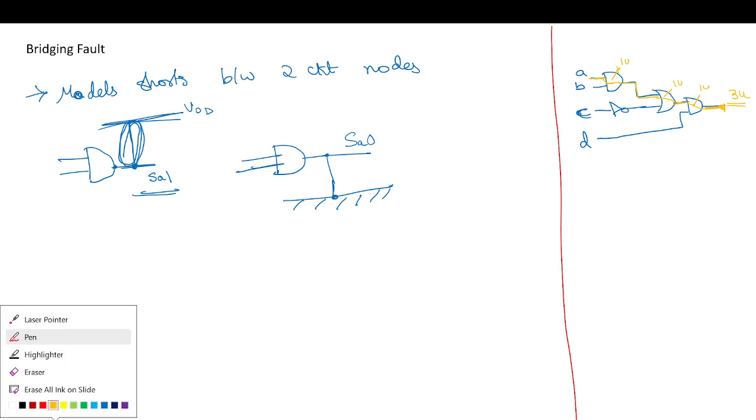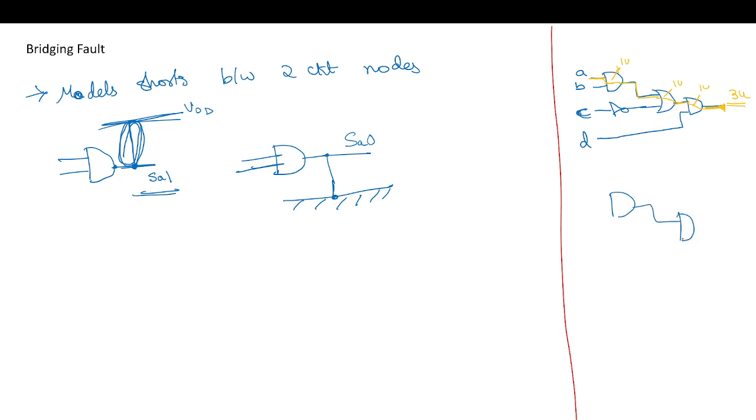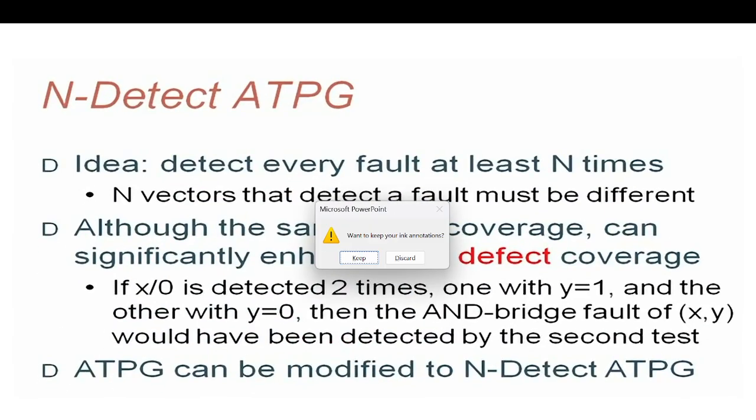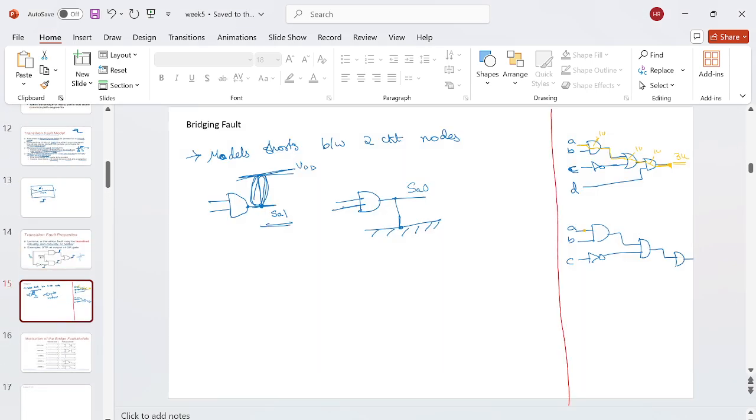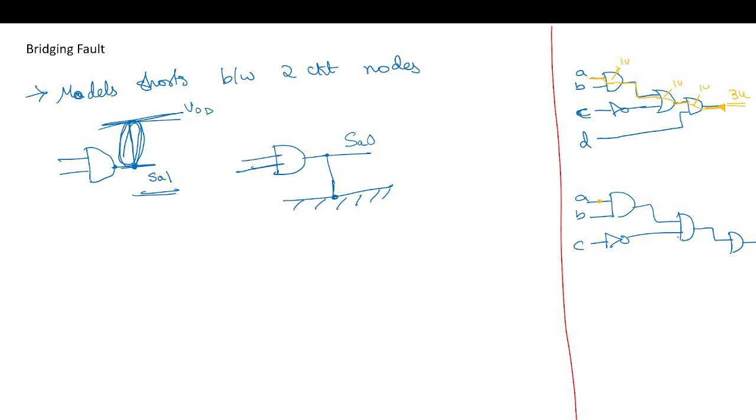Now node delay means, if I consider this node, from here I connect here.